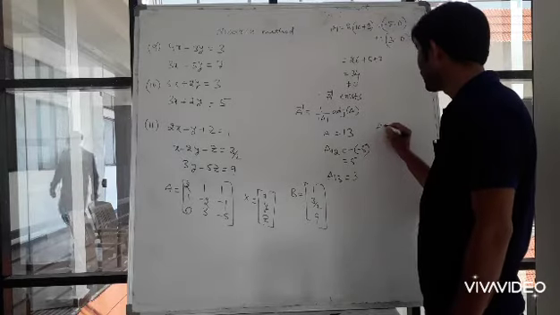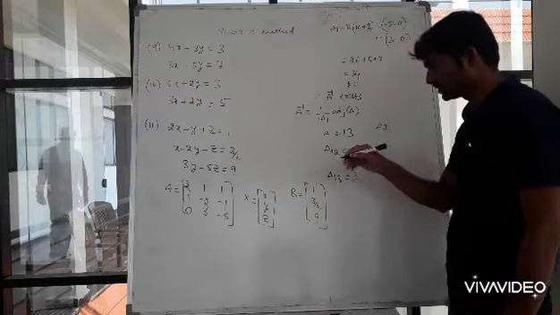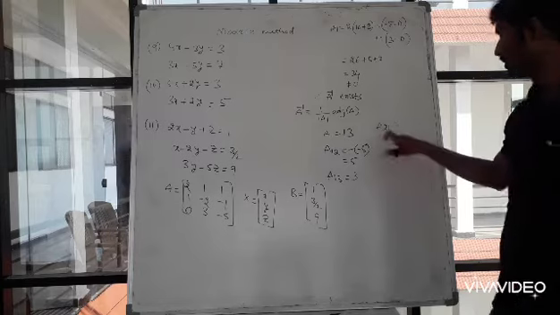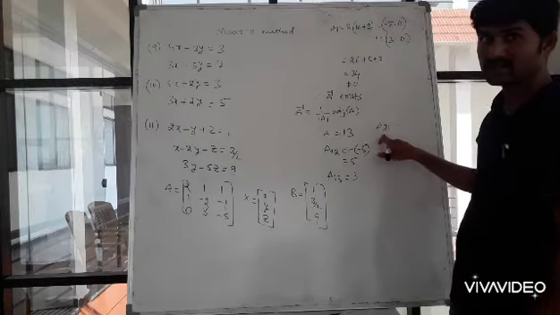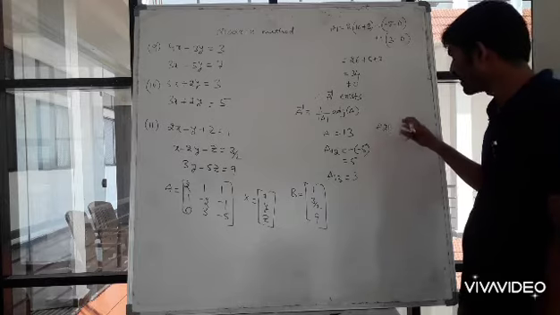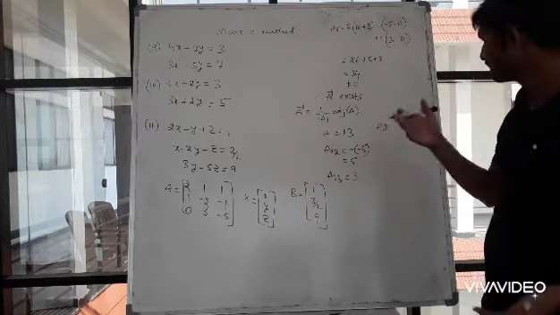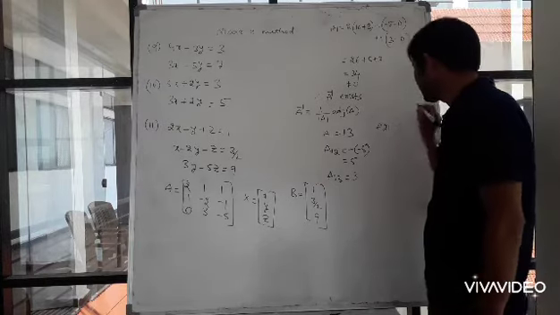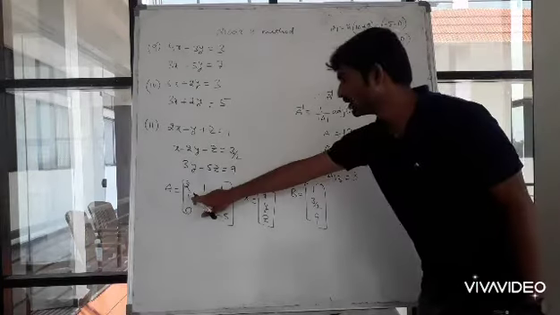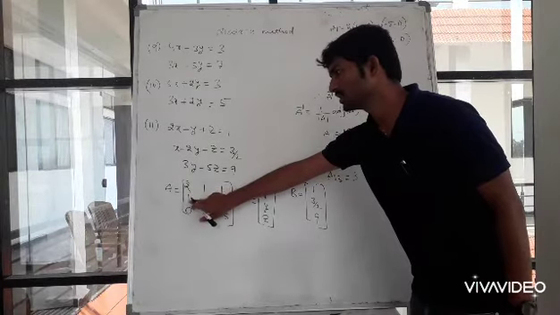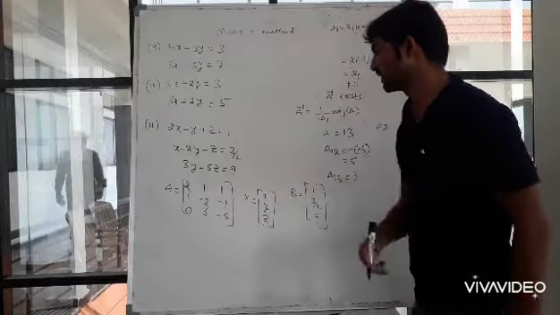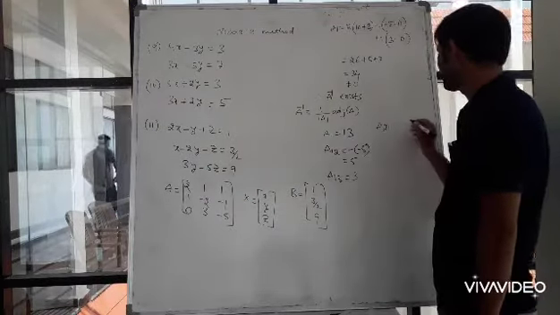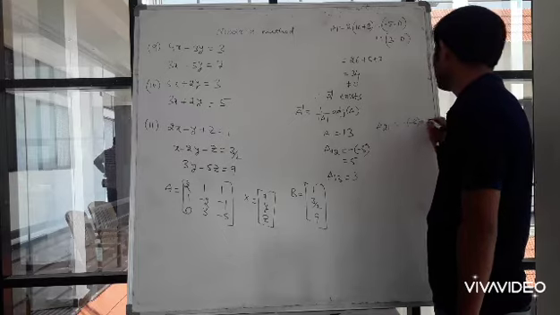Next, A21. Second row, first column element. 2 plus 1, odd number, 2 plus 1 means 3 we get, which is odd number. So minus 1 raised to odd means we get negative. So we will write here minus sign. Then that A21 is this element 1. Leave this row and column. Then simplify. Minus 5 minus 3, that is minus 8, which is equal to plus 8.